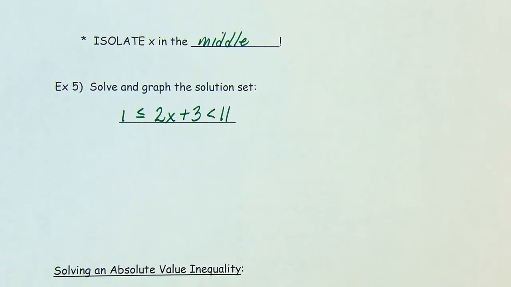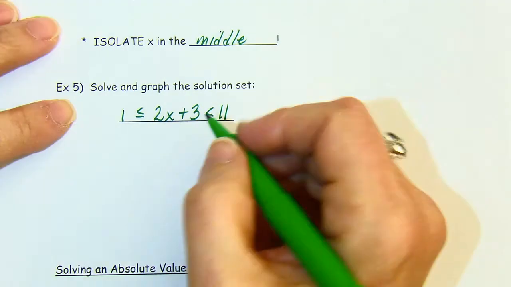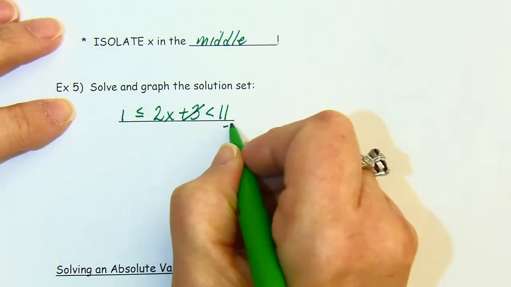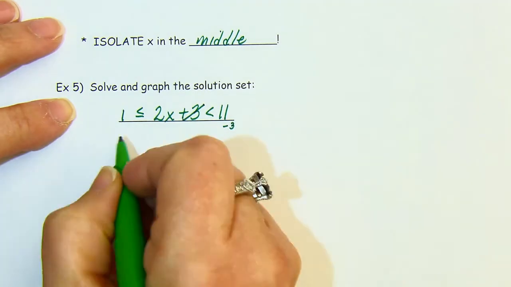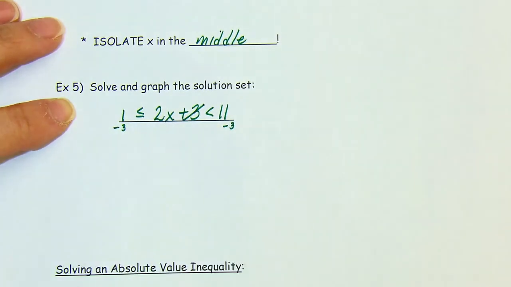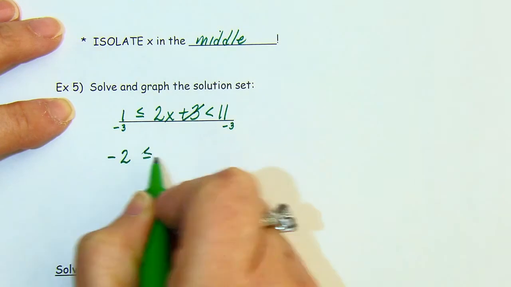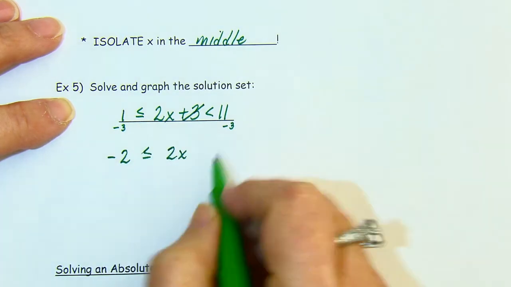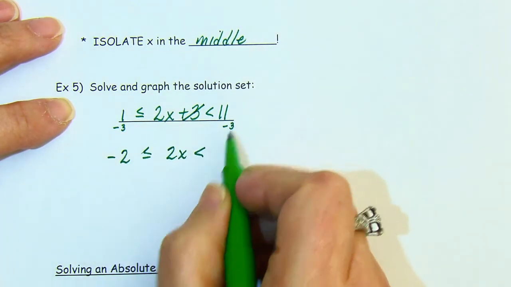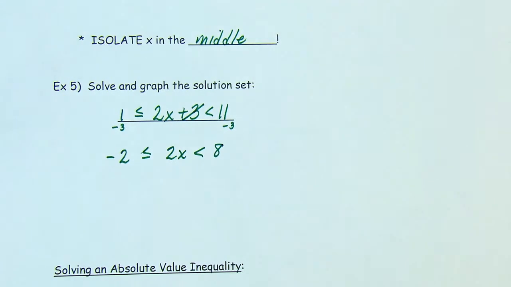All right. I said that I look at x is in the middle. And so whatever I do in the middle, I do on the left side and the right side. So I'm going to get rid of this 3 by subtraction, and I'm going to subtract it in the middle, I'm going to subtract it on the right, and I'm going to subtract it on the left. 1 minus 3 is negative 2, less than or equal to 2x, less than 11 minus 3 is 8.